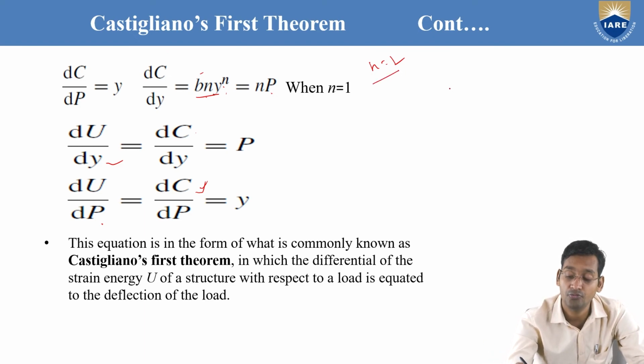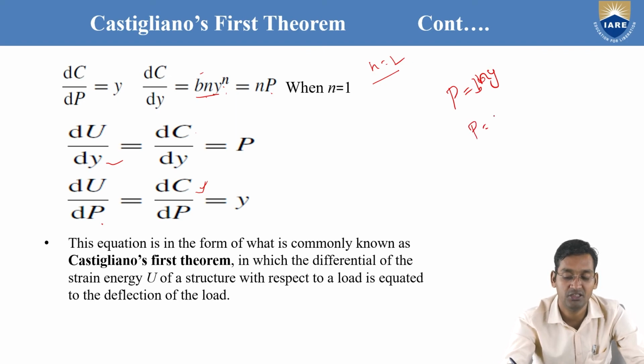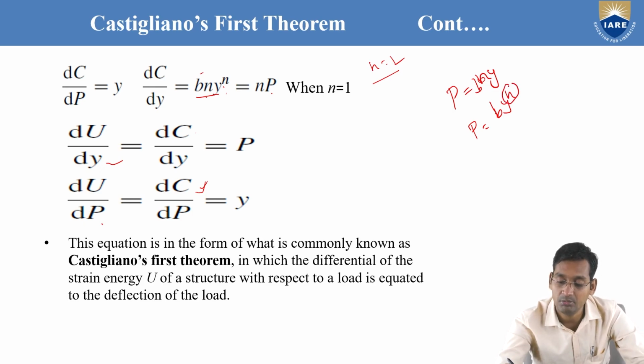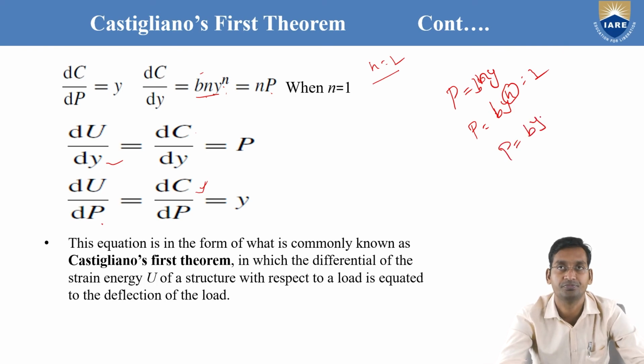So for linear we can say p equals b y only, simply because what we considered is p equals b y to the power n. So here this n will be equal to 1. So hence we can say directly that p equals b y.